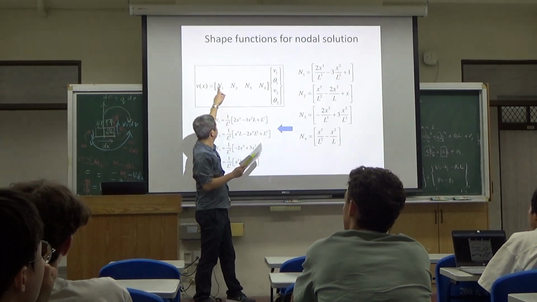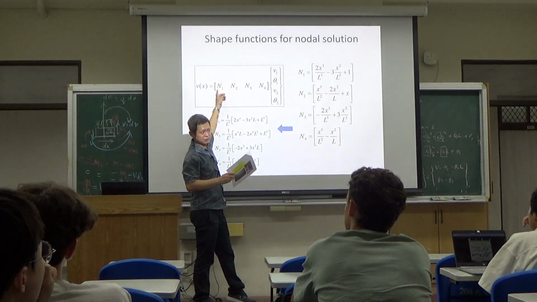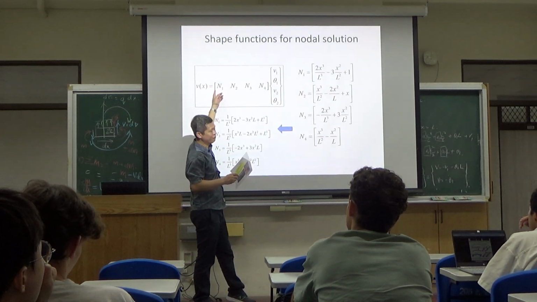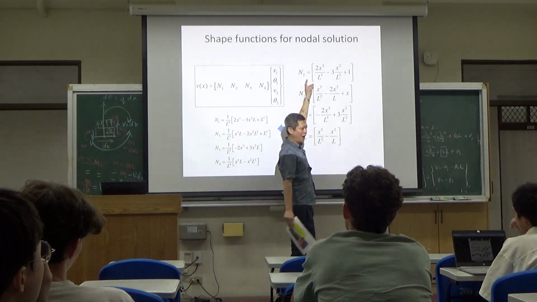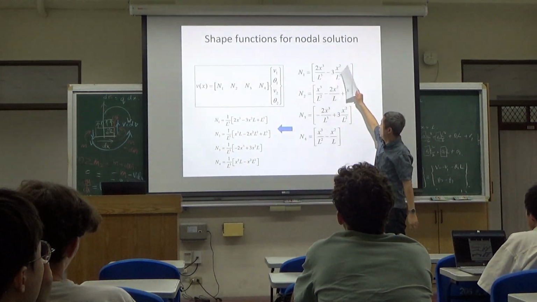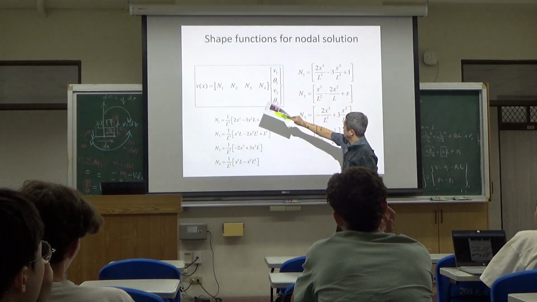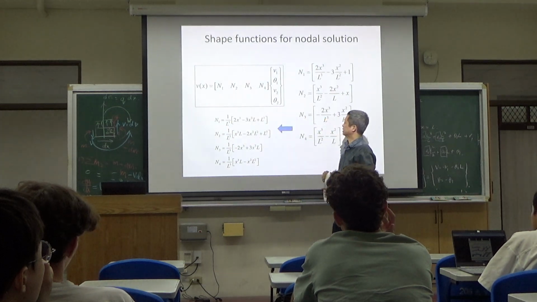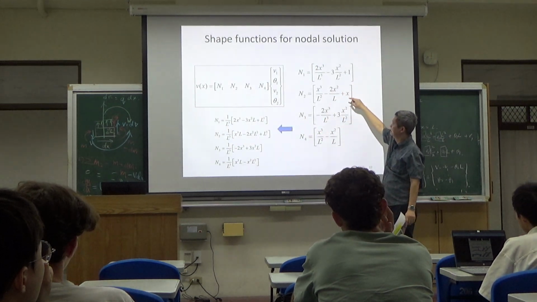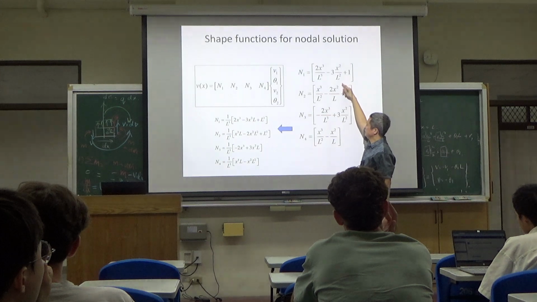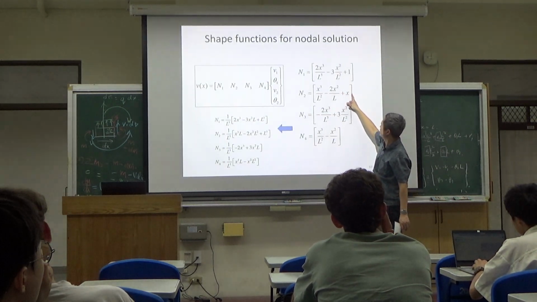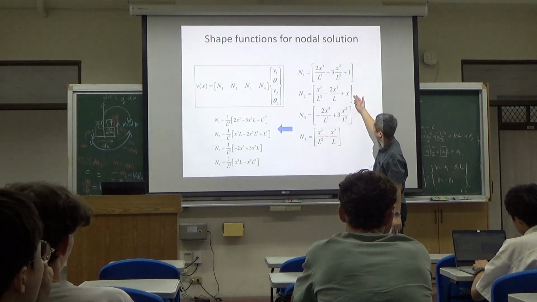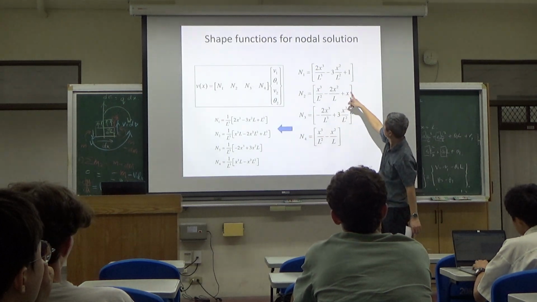So in this way, how much is the shape function? The shape function must be equal to 1 when you want to substitute in the local nodes. Okay. N1 is equal to 1 when x is equal to 0.